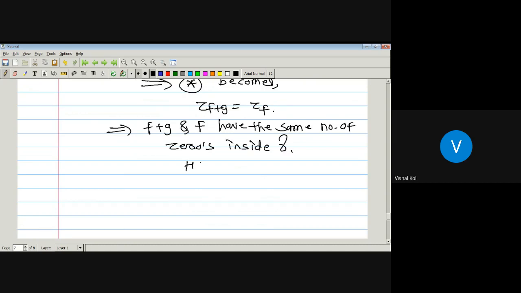So that is Rouché's theorem, and these are the two important corollaries of Rouché's theorem.